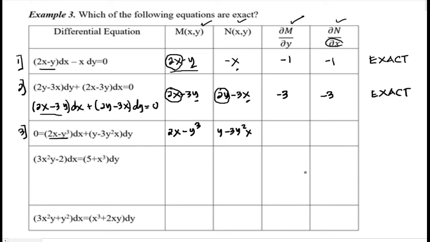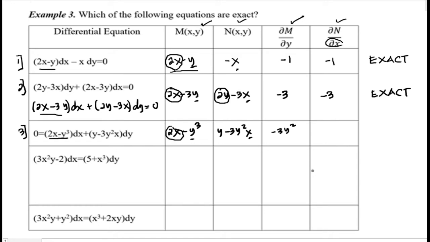Then obtain the partial derivative of M with respect to y. Y is our variable. So, the derivative of negative y cubed is negative 3y squared. Again, take note our 2x is constant. For the partial derivative of N with respect to x, we have here our variable is only x.